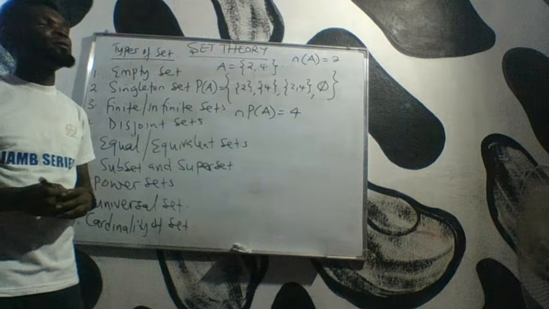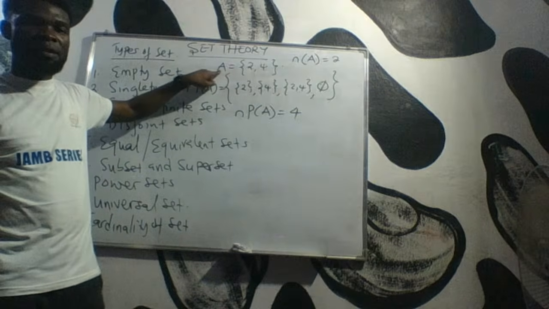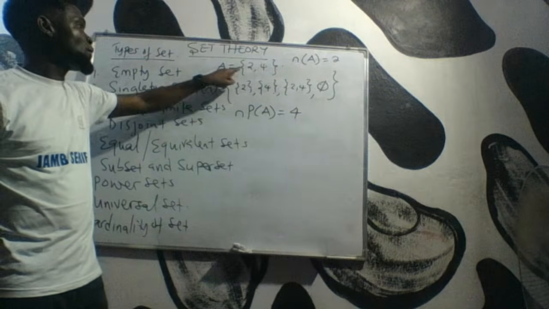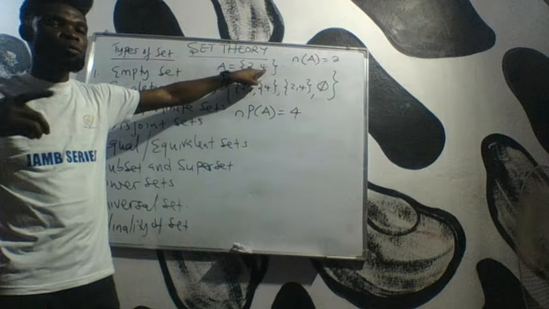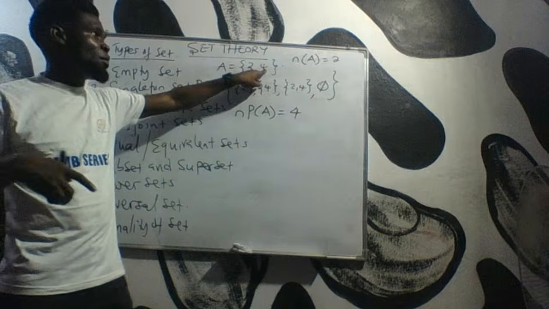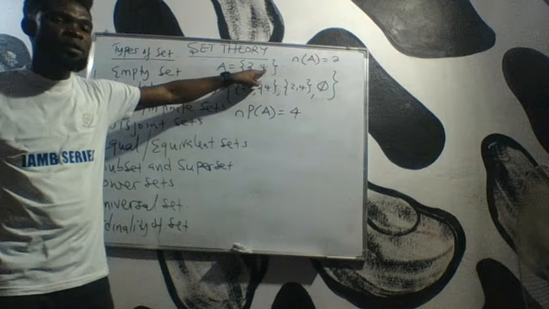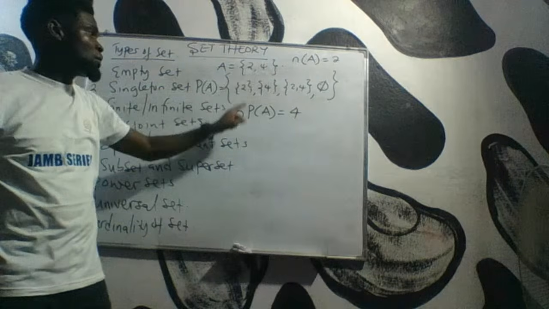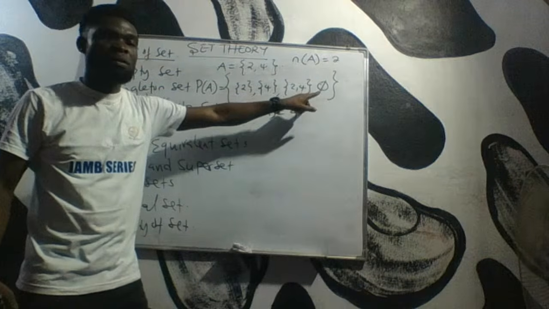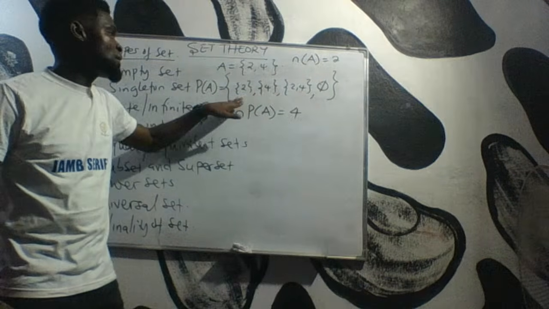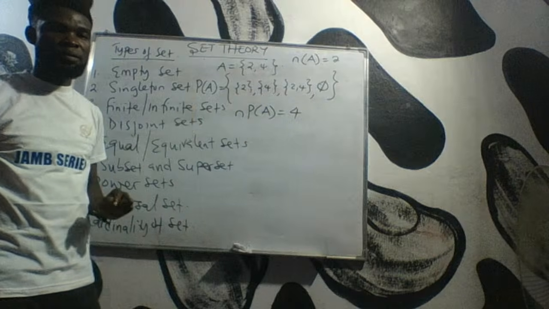So if I have a set A whose cardinality is 2, then I obtain 4 subsets from that set, which forms the cardinality of this power set.